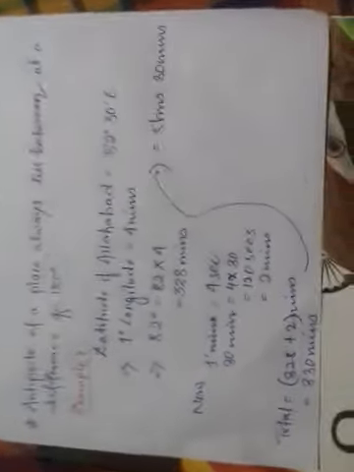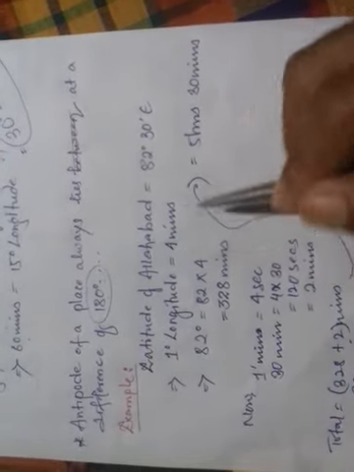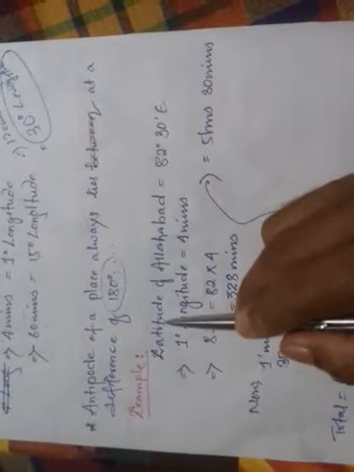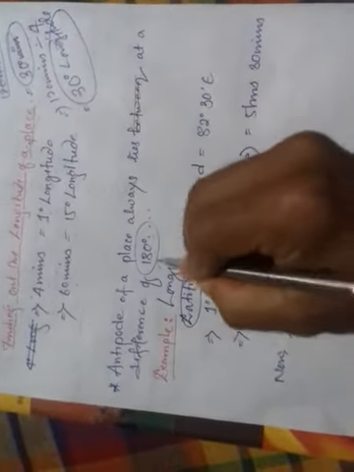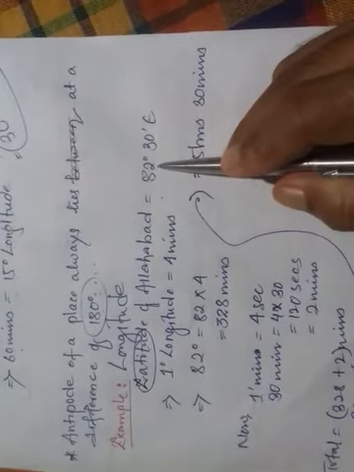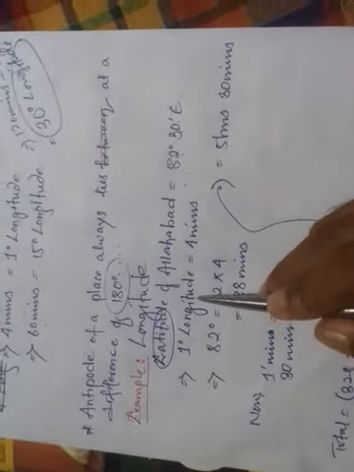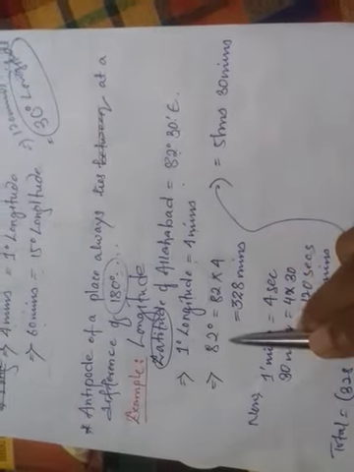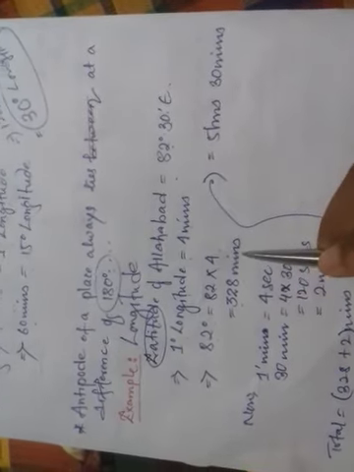Now, one example I have done here. If the longitude of Allahabad is 82 degree 30 minutes east, 1 degree longitude equals 4 minutes. So 82 degree will be 82 into 4, 328 minutes.